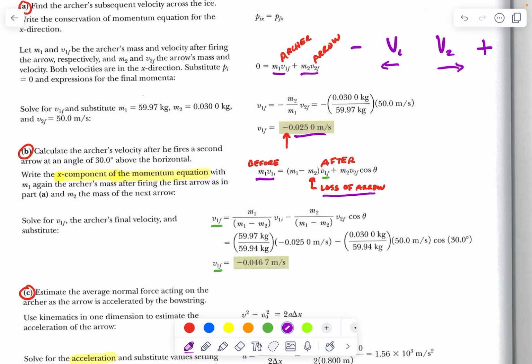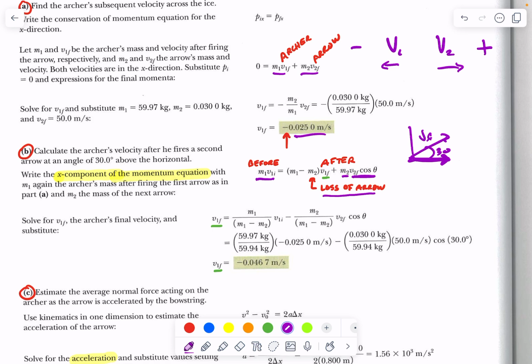And that arrow is going to be going at a certain velocity at a 30-degree angle. So we're going to have to find this component right here. And that's going to be the final velocity times cosine theta. And that part is right here.